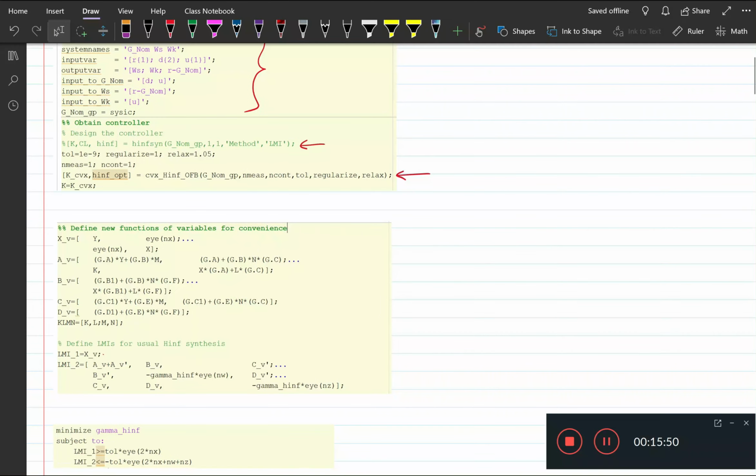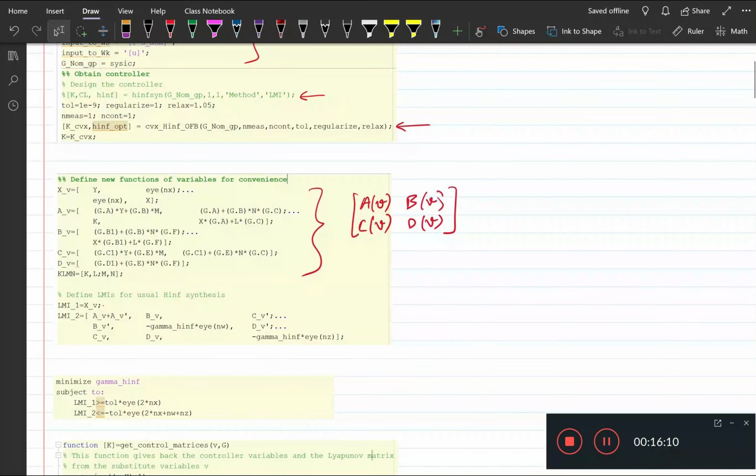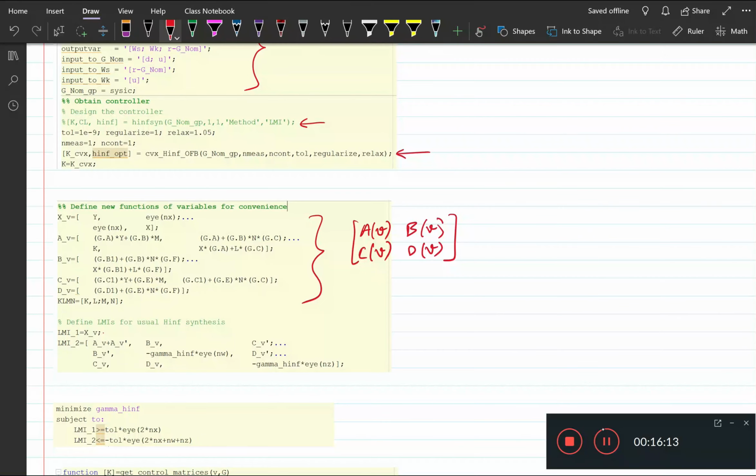So for the LMIs, we define X of V, A of V, B of V, C of V, and D of V, as we saw in the notes. So we define these matrices. So this is still for the nominal system, and then we minimize gamma subject to these constraints.